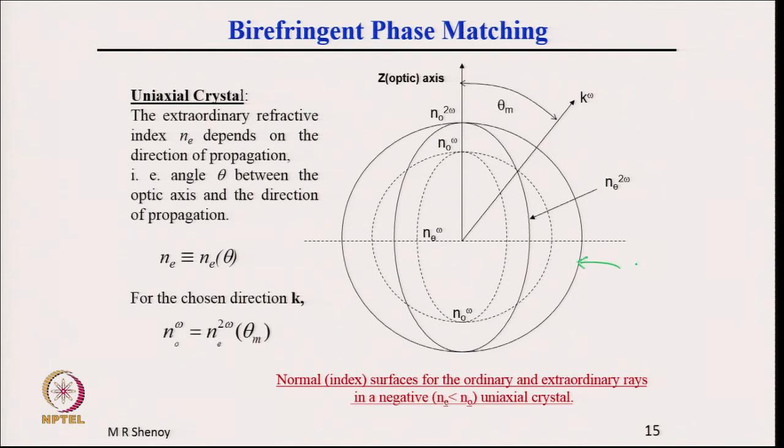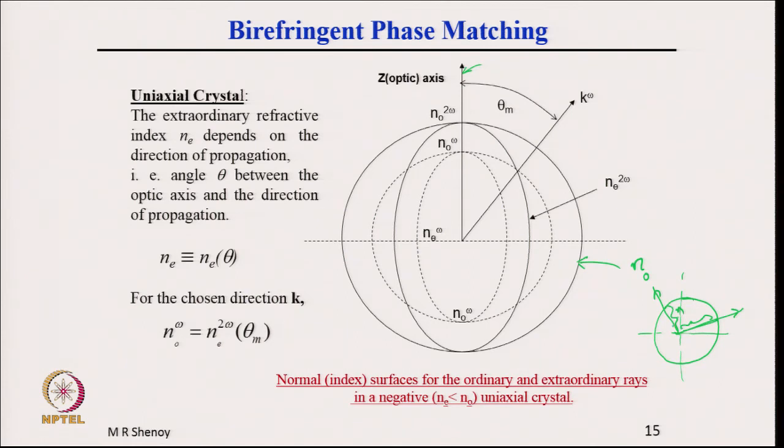Circles here correspond to the ordinary refractive index NO. If this is the optic axis and we propagate in any direction, then if you are propagating in this direction, the radius gives you the refractive index, the magnitude of the radius.